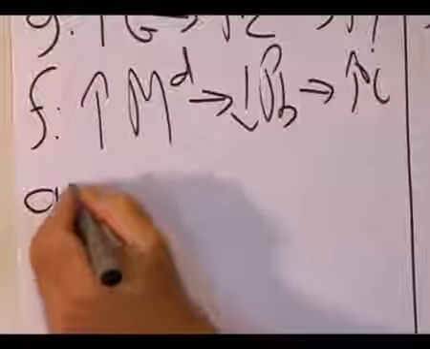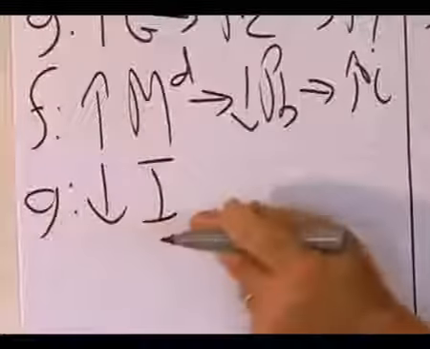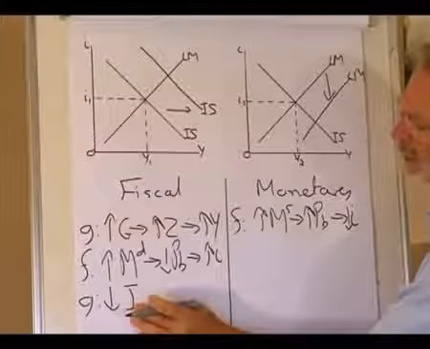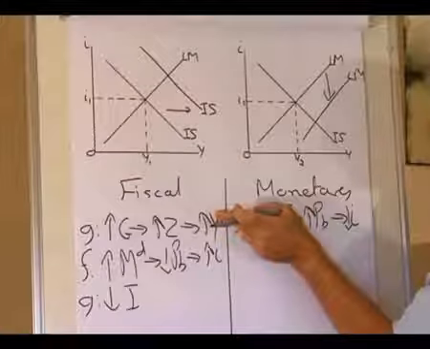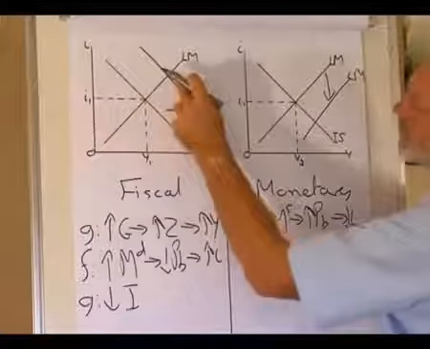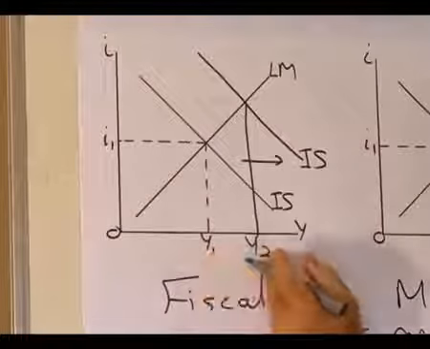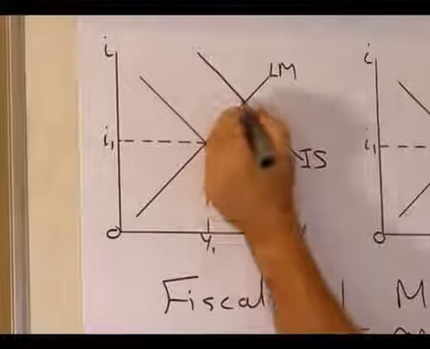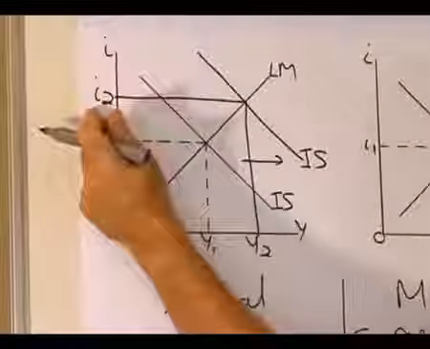So we move back to the goods market. Investment decreases. So with fiscal policy, we see that the interest rate went up and the level of output also went up. On the diagram, we can see the level of output increased from Y1 to Y2, and the interest rate increased from I1 to I2.